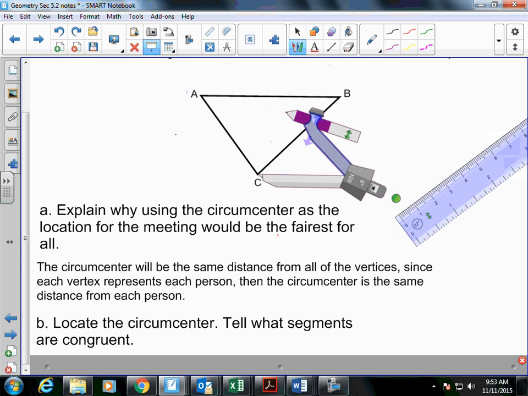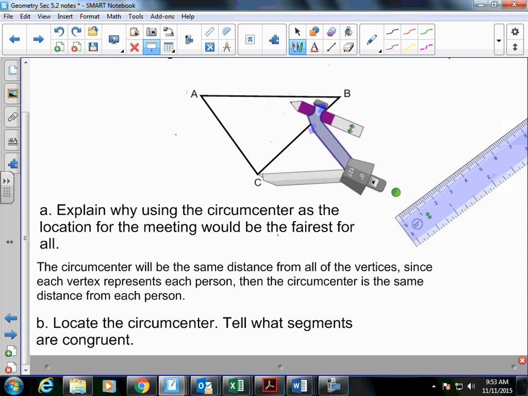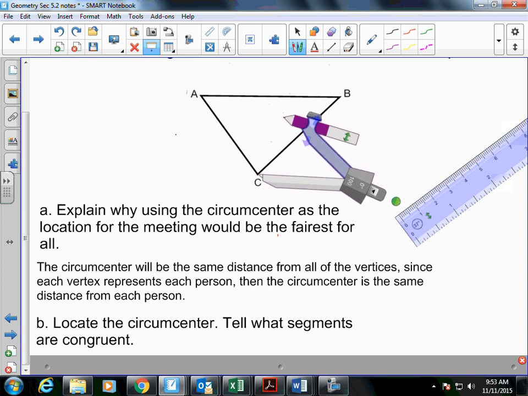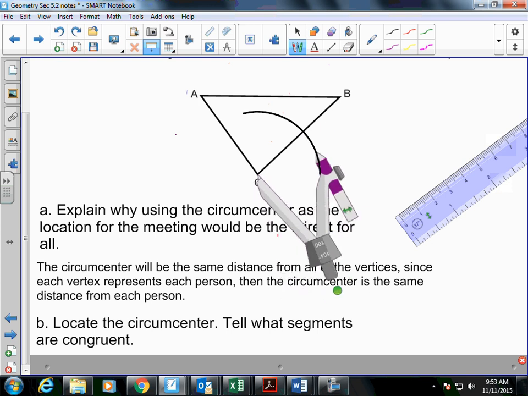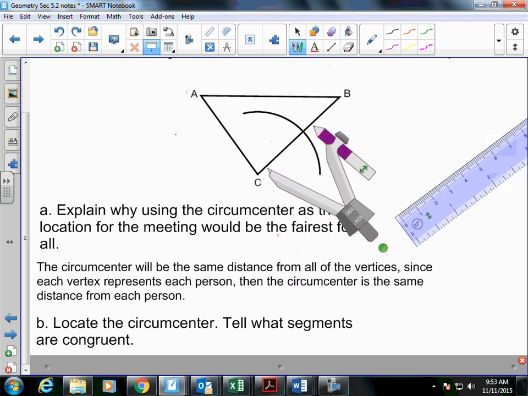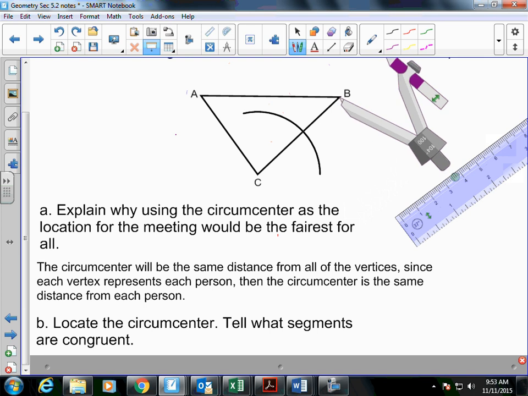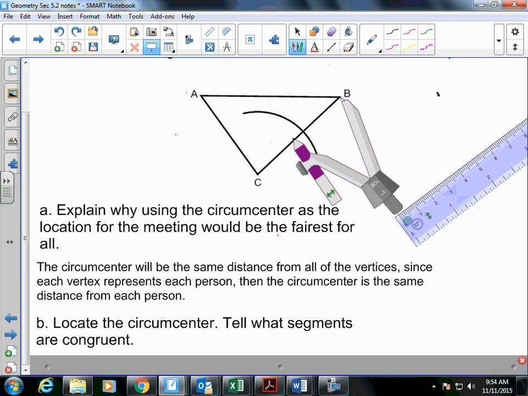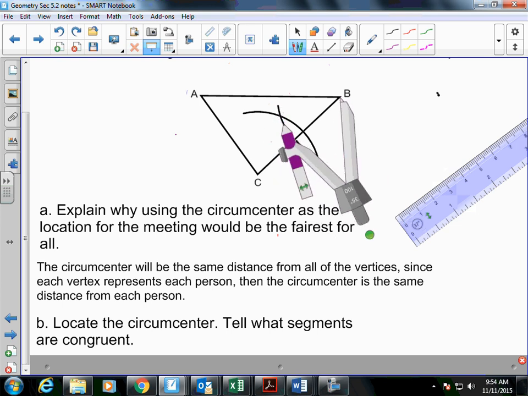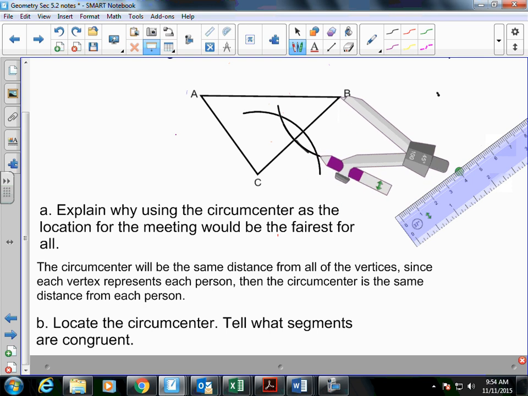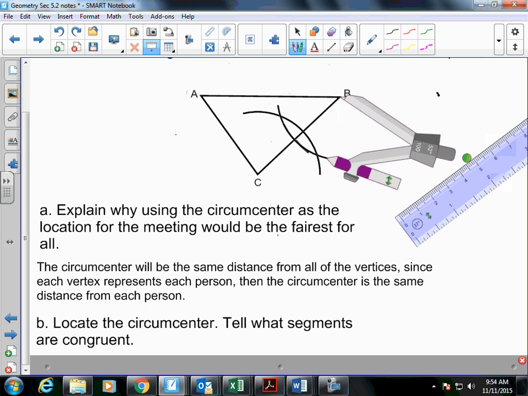But in order to construct the perpendicular bisector, we put the point at one endpoint, make sure our compass is wider than half the distance between the two endpoints, and then we're going to make an arc on each side of the line. Then we go to the other endpoint, put the point at that endpoint, and we're going to make an arc that will intersect the arc we just made.